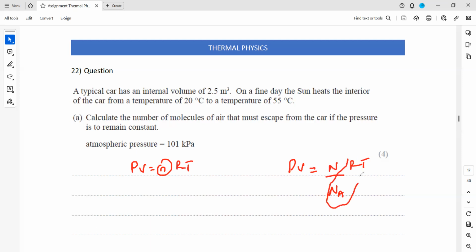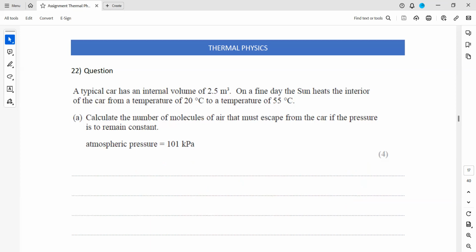R over N_A is equal to the Boltzmann constant. So we can say PV equals NkT. Now the general gas equation can be modified as PV equals NkT. You can use PV equals nRT, or you can directly use PV equals NkT. But we'll use PV equals NkT because this formula involves the number of particles.